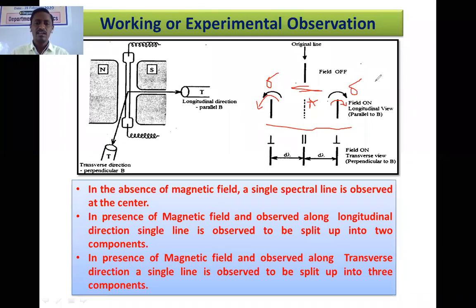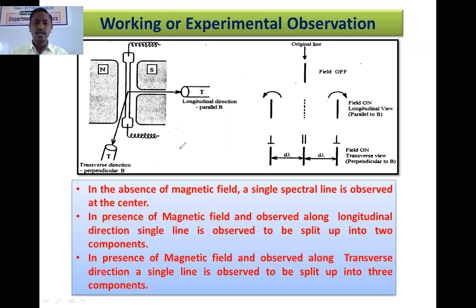Again, whenever we observe the effect of splitting along the transverse direction, let us move the spectroscope along the transverse direction. In a transverse view, after application of a very strong magnetic field, a single line is found to be split up into three component lines.